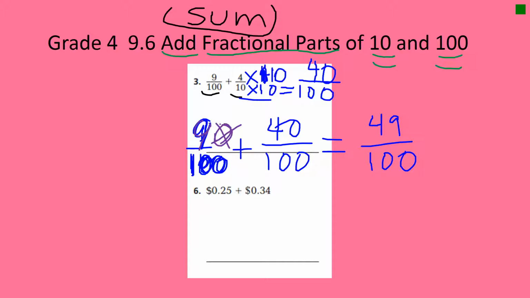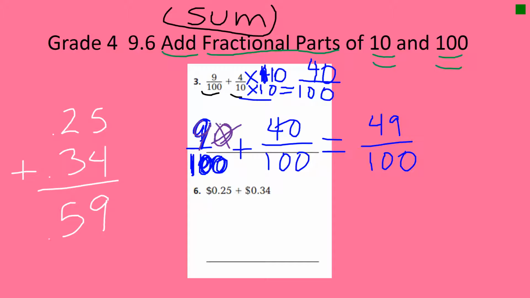Okay? So then number 6, those are two money amounts, aren't they? 25 cents plus 34 cents. So 25 cents plus 34 cents. I mean, you can change them to decimals if you want, but my goodness, 25 cents plus 34 cents. And those are, of course, hundredths, right?